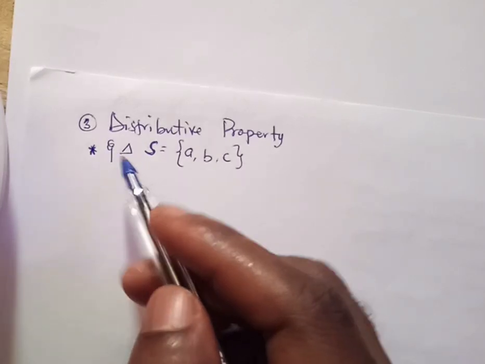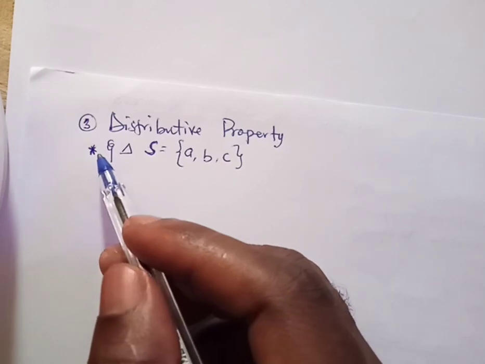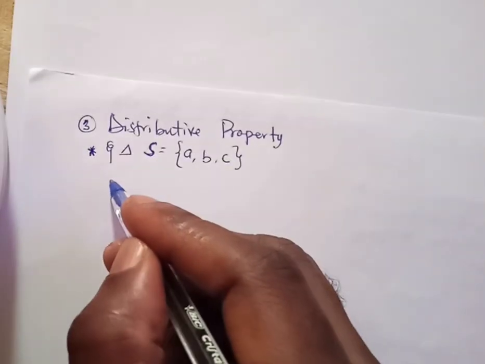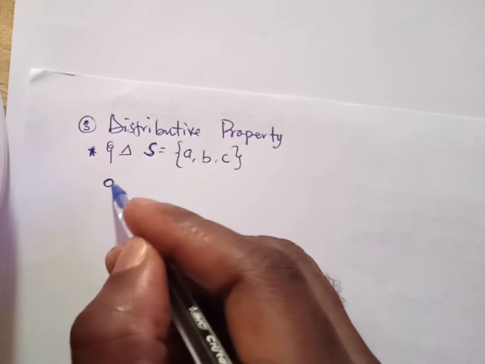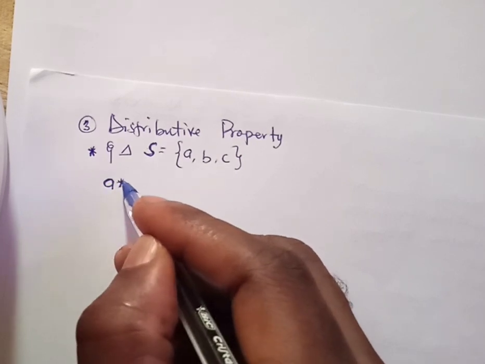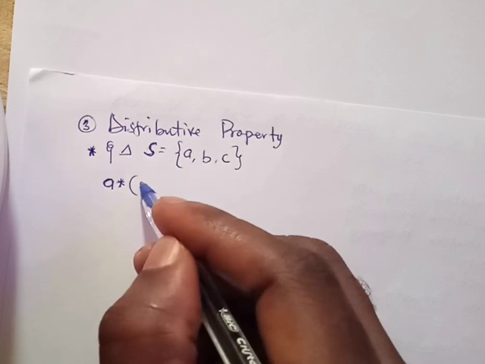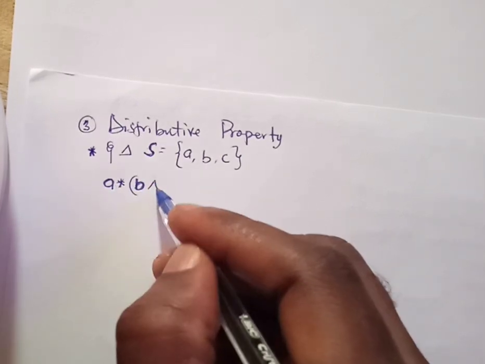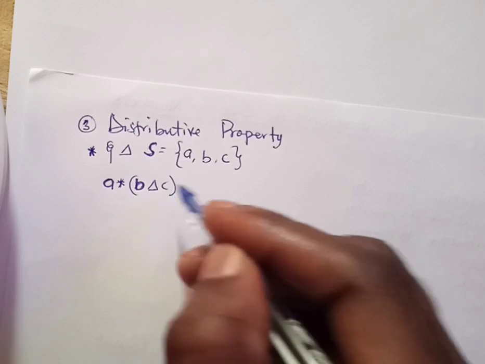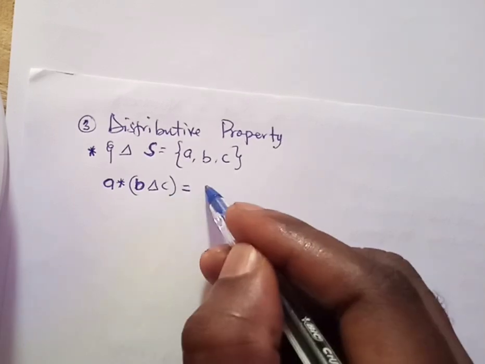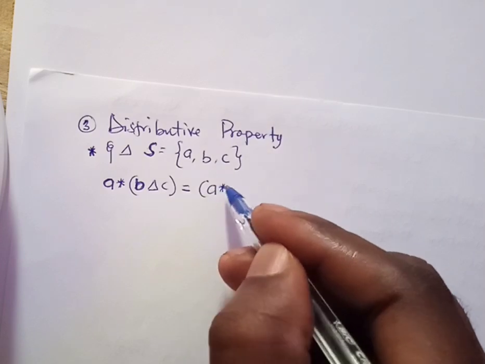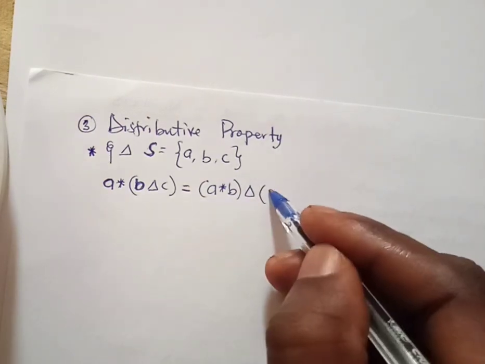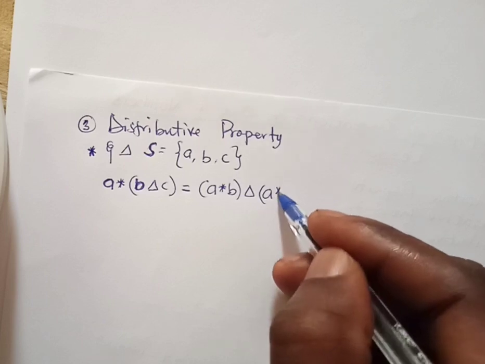So for this one, we are saying that star can be distributive over delta if and only if, if I pick any three elements, A star, and then B delta C, then this should also give me A star B, delta, or operation this, A star C.